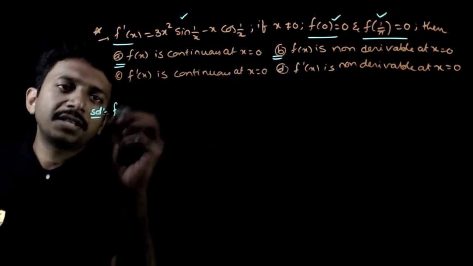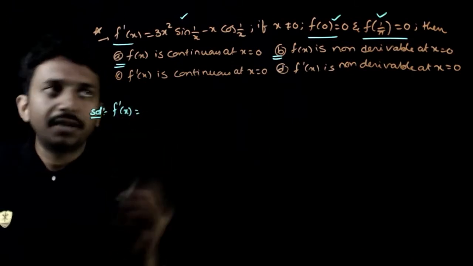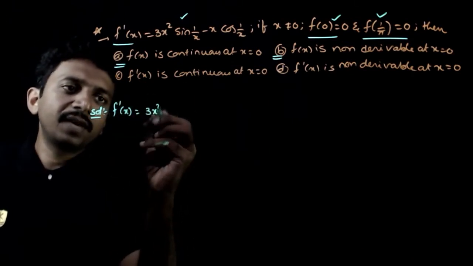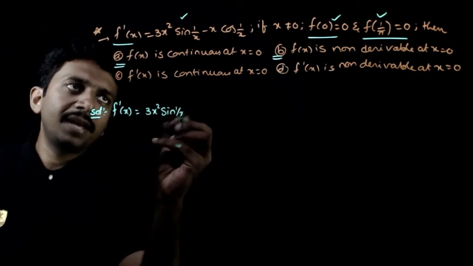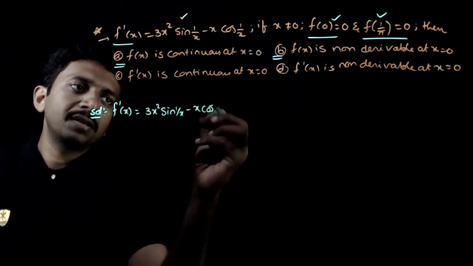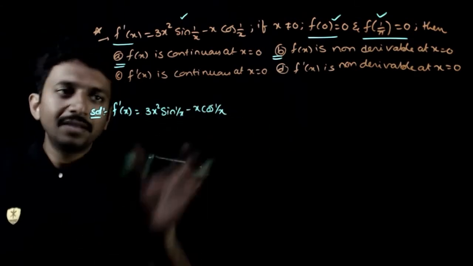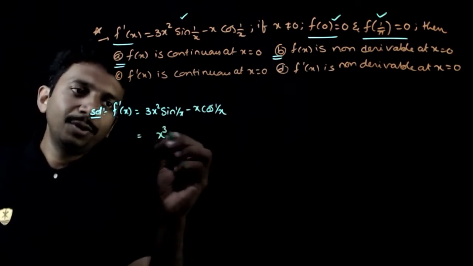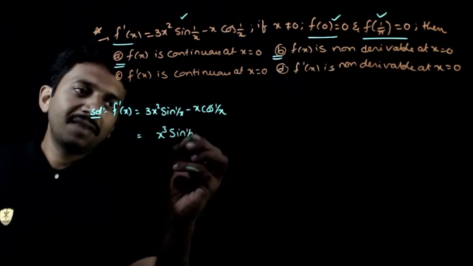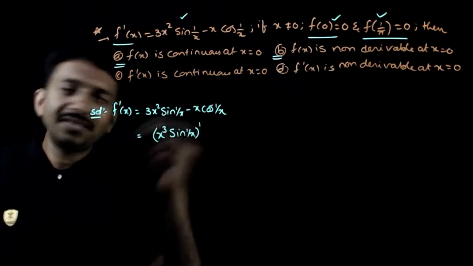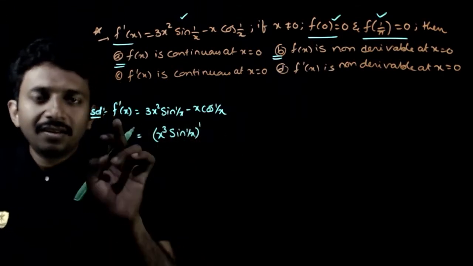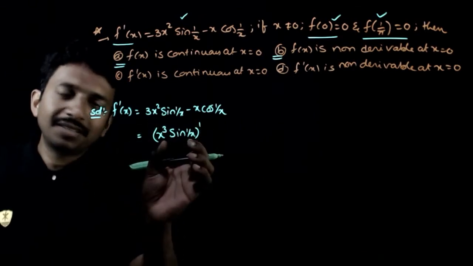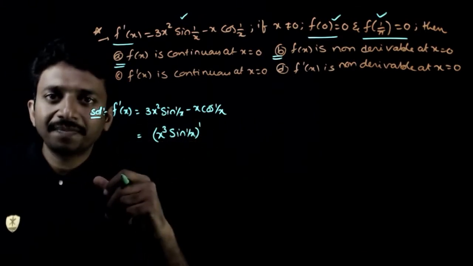Okay. So first, let us observe this. f dash of x is equal to 3x square sine 1 by x minus x cos 1 by x. So by observation you can see that this is nothing but x cube sine 1 by x का differentiation है. f dash of x is nothing but x cube sine 1 by x का differentiation.